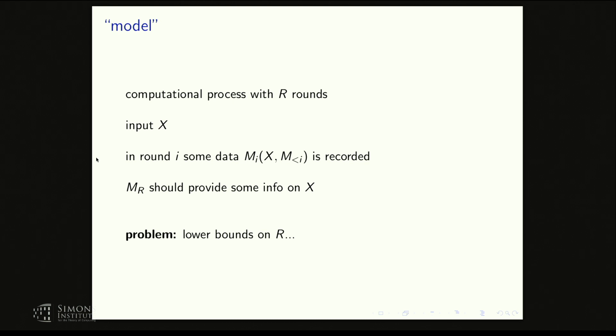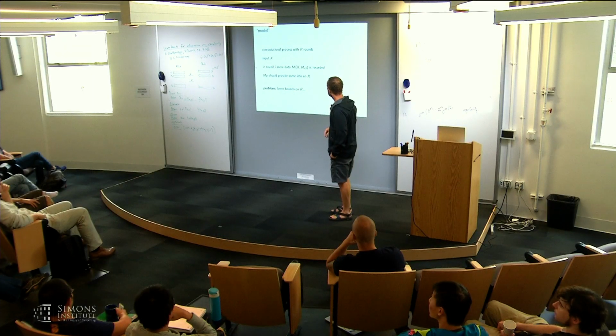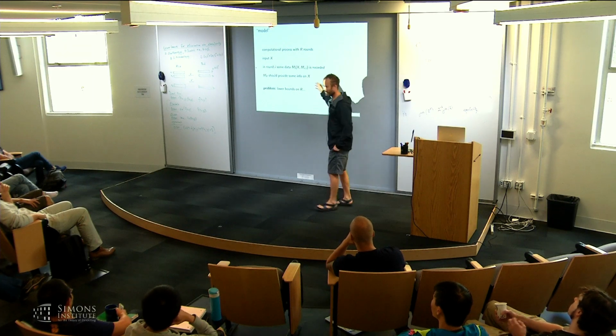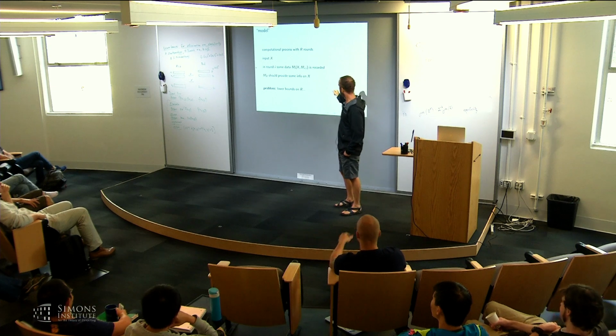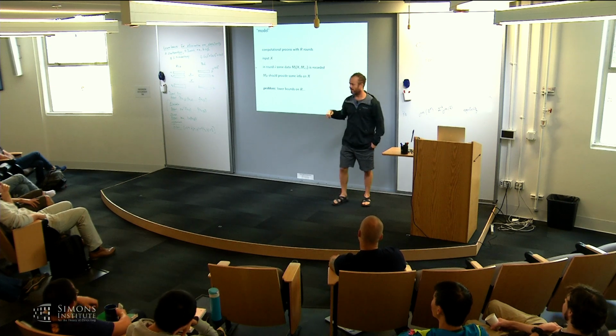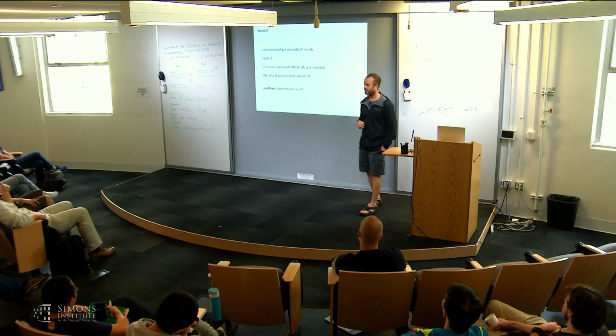And the type of thing we would like to show is that r should be large, that to achieve its goal, the computation must operate in many rounds. This is the type of question we want to answer. Usually there is a trade-off between how much you record and how many rounds. To make this specific, you need to say more things. You even need to put some restrictions maybe on the model.